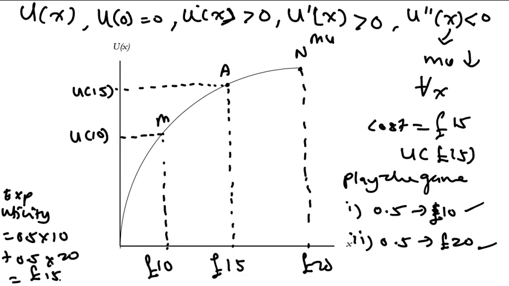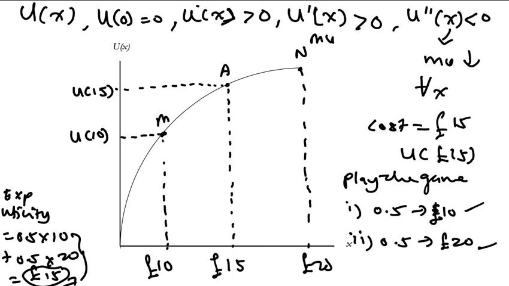However, the next question is, where is the expected utility when you play the game? Why do we call it expected utility? Because the payoff of 15 here is uncertain, because we have probability here. Whatever utility we receive from this particular 15 is what we call expected utility. The expected utility when we play the game is the average height of M and N. The height of M is this.